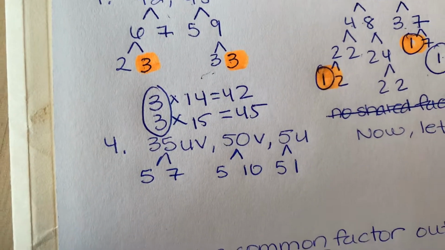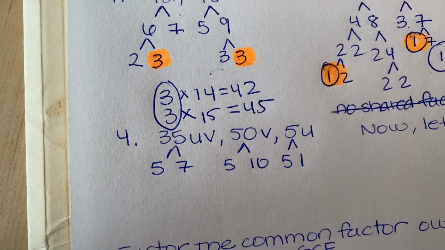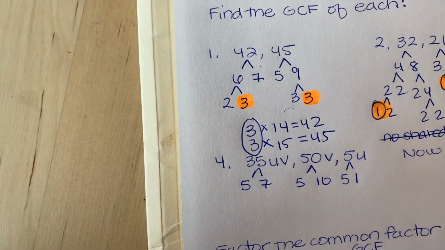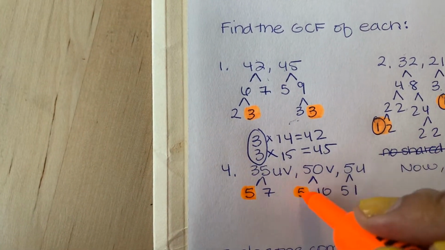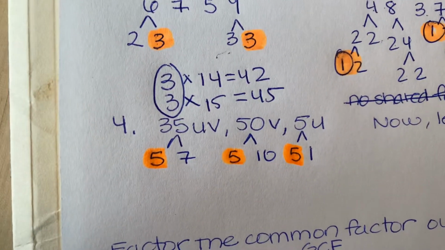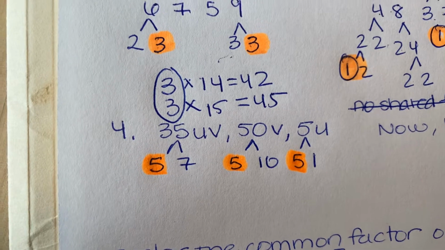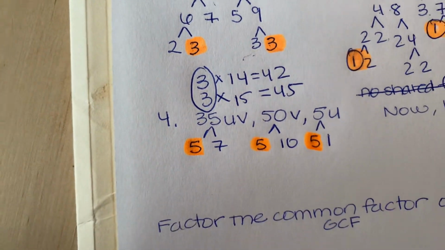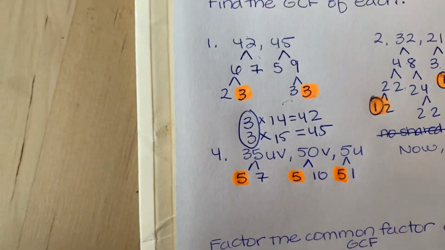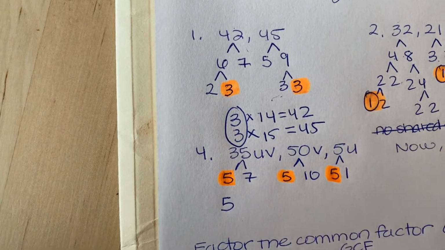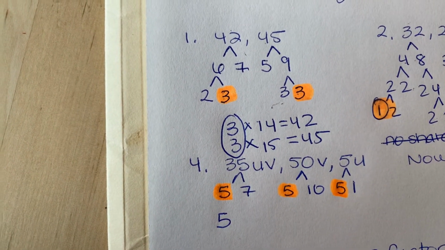What is the greatest shared factor? It is 5. They each have a factor of 5. I was trying to put the top on there, but the highlighter wasn't working, kept moving away.